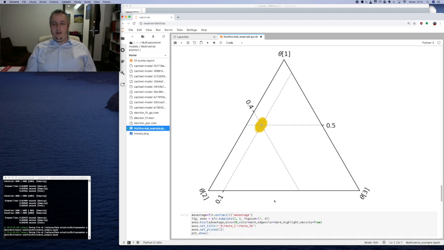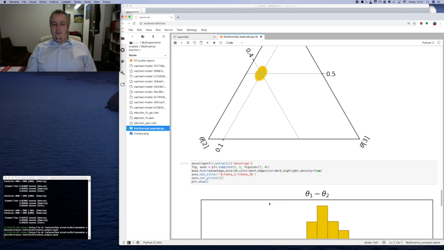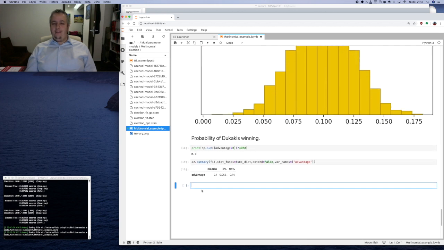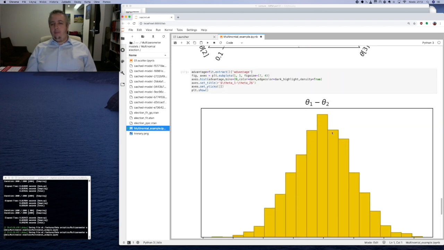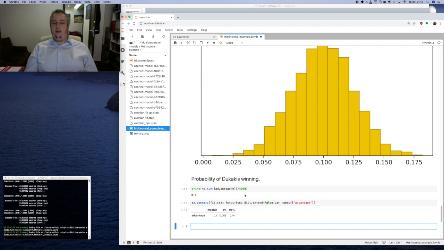If we have more categories, the visualization is problematic, but here we can still do something. And using samples, we can get additional information. For example, the samples of advantage give us the probability of Dukakis winning, which is none. And he didn't win, so the model prediction was okay.